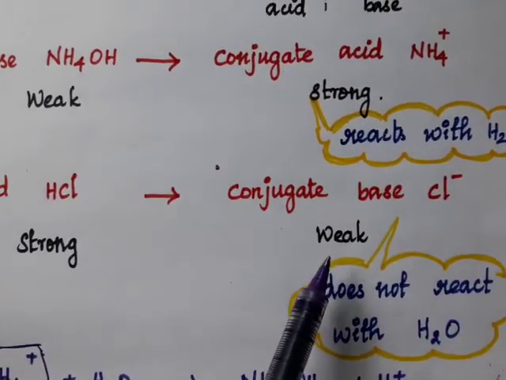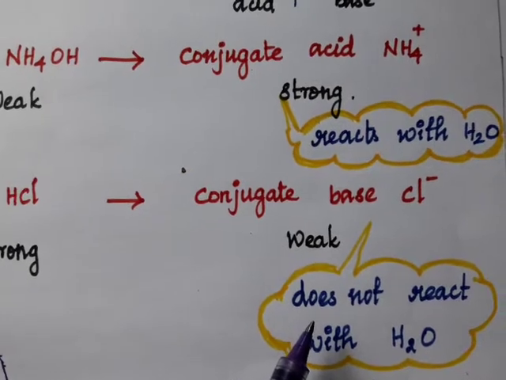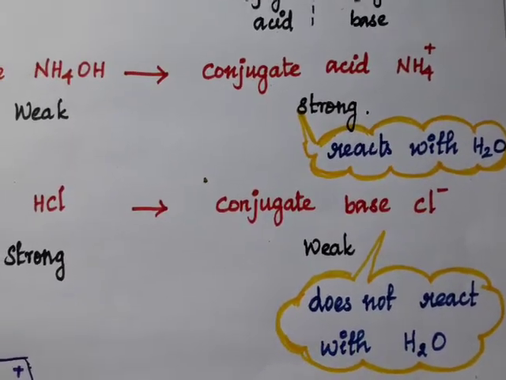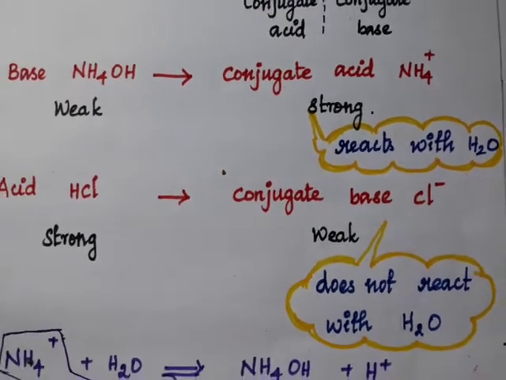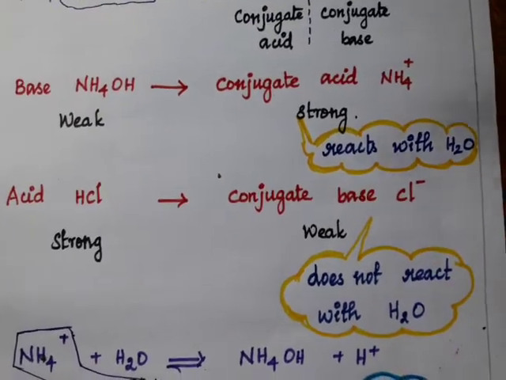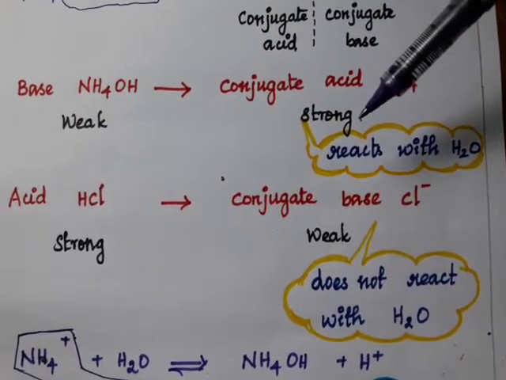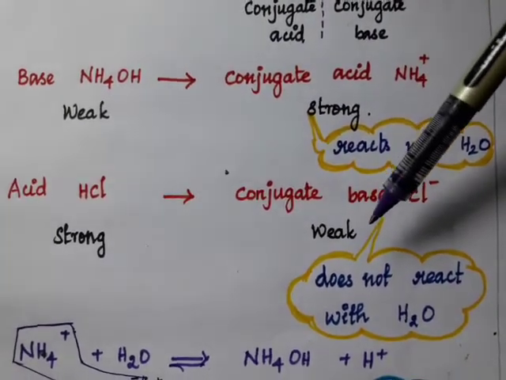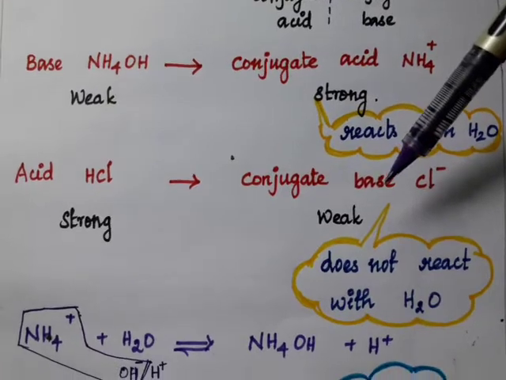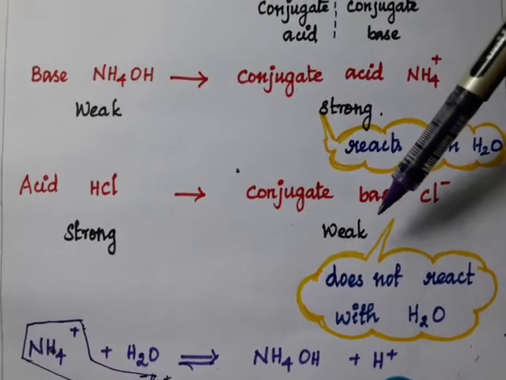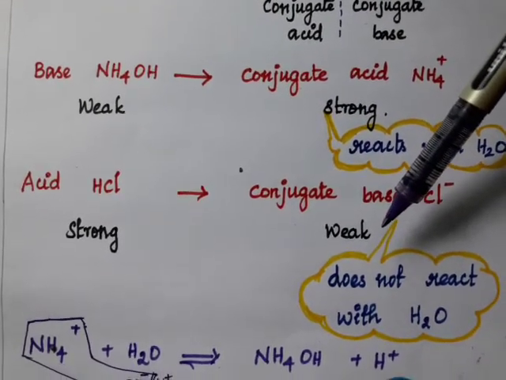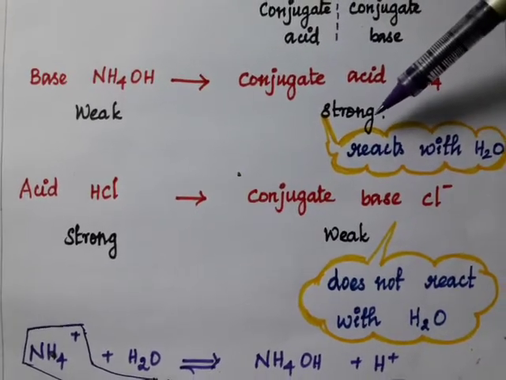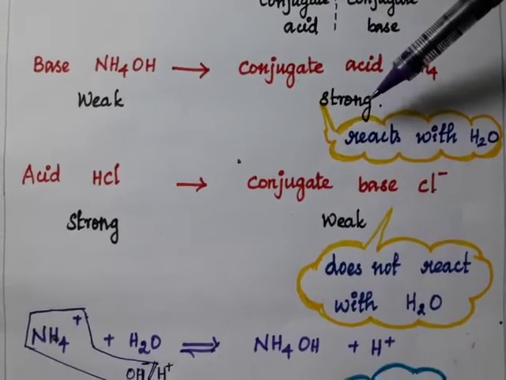If it is weak, it does not react with water. So we have a strong conjugate acid and a weak conjugate base. The weak conjugate base will not react with water, but the strong conjugate acid is able to react with water.